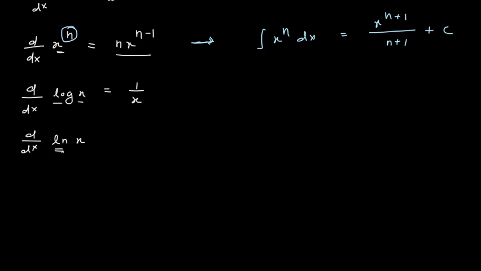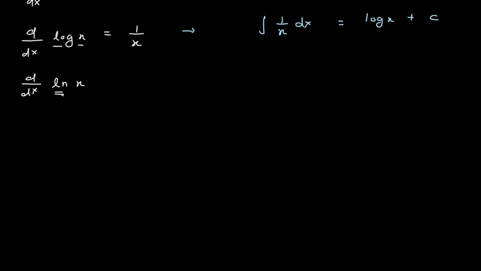The derivative of this natural log is 1 upon x. So as the derivative of log x is 1 upon x, we can say that the integration of 1 upon x dx will be equal to log x plus c. This is the second formula.